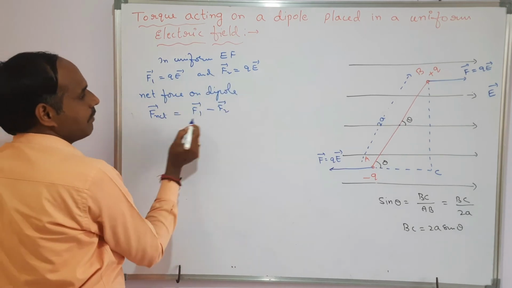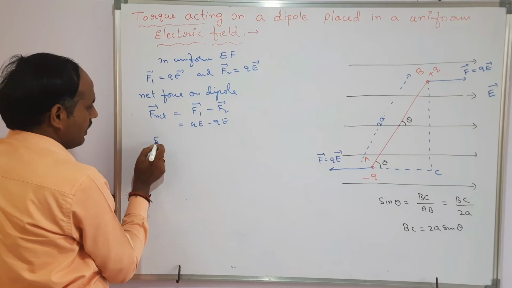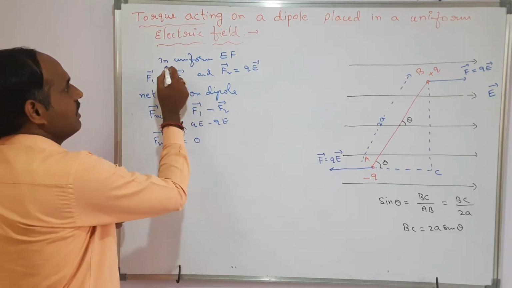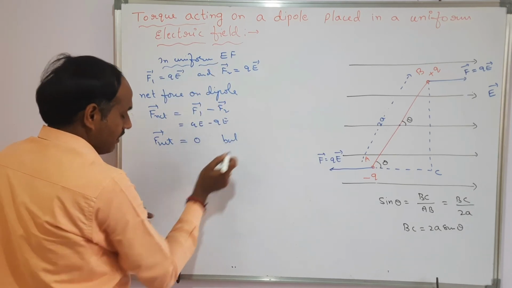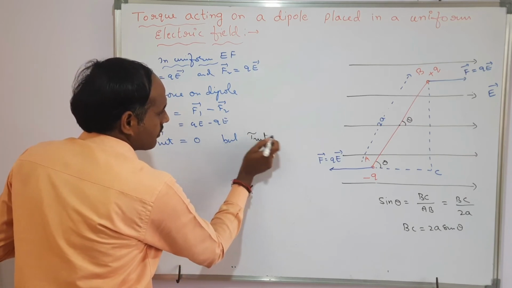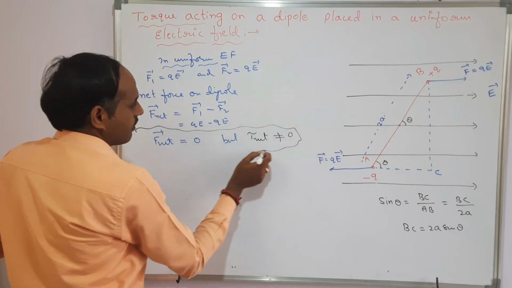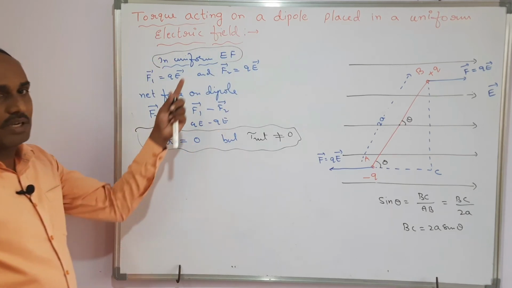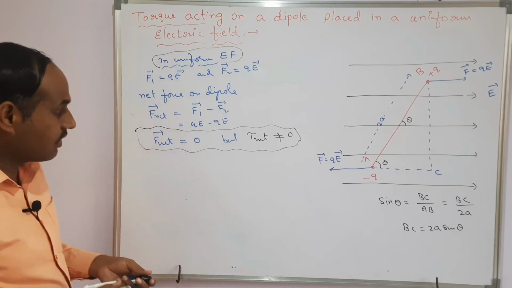As these two are of the same magnitude, QE bar minus QE bar, the net force on the dipole when placed in a uniform electric field is 0, but the net torque is not equal to 0. This point is important from the examination point of view. This is the uniform electric field. So in the uniform electric field, the net force on the dipole is 0, but the net torque is not equal to 0.